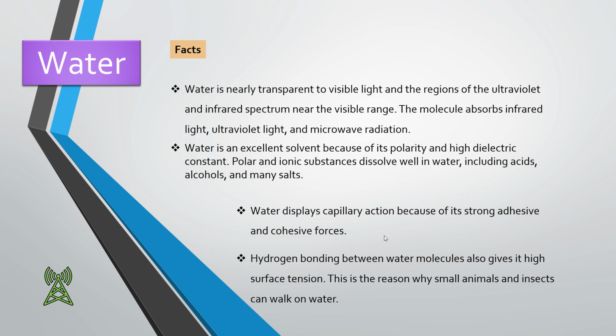Certain other concepts are also there in the chapter of botany, or maybe in pharmacognosy. You may have studied these concepts of capillary action in the roots, and also in the physical chemistry class, you may have studied this capillary action, and it is due to the adhesive and cohesive forces, and hydrogen bonding between the molecules also makes its surface tension.